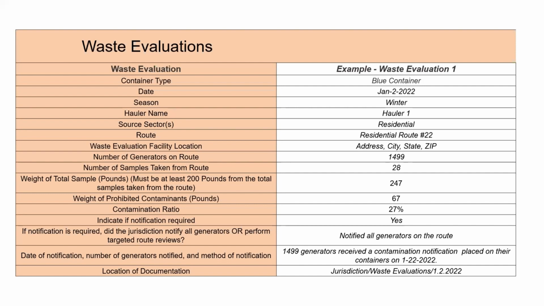And then you would notify all the generators on the route that, we're this much contaminated, to make sure that the next time you do another waste evaluation, you can see an improvement, less contamination per se. And if you're doing waste evaluations, please remember in the regulations, they say they're seasonal. So that would be a minimum of twice a year, probably once summer, once winter. Next slide, please.